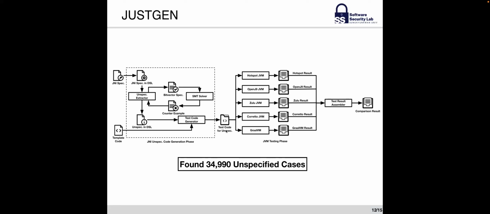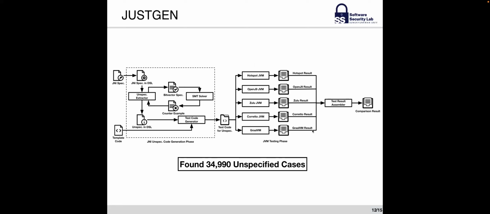By running these test programs on the 5 mainstream JVMs, including HotSpot from Oracle and OpenJ9 from IBM, we validate the -Xcheck:jni options in these JVMs.